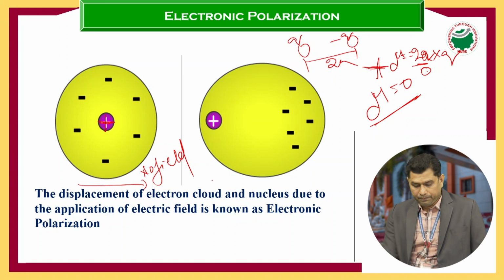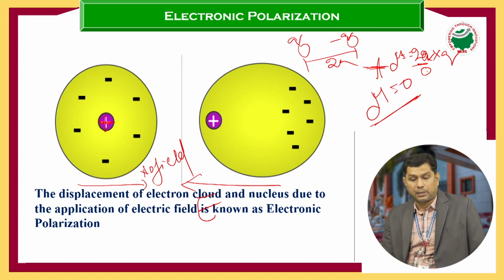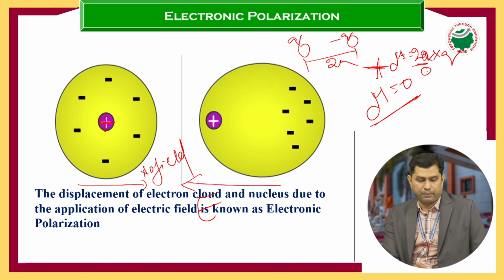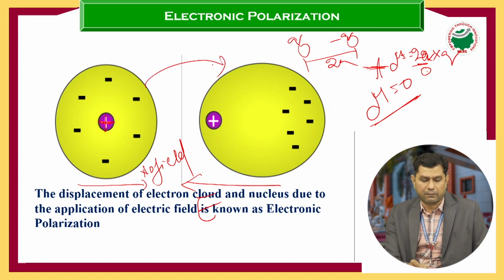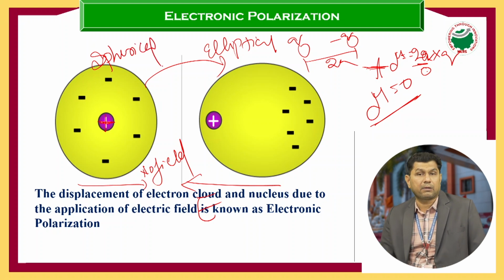Dipole moment is 0. Whenever you apply an electric field, then the electron cloud is slightly shifted, means the spherical shape is converted into elliptical. You can observe here, elliptical. In the spherical case, spherical symmetry will be there.